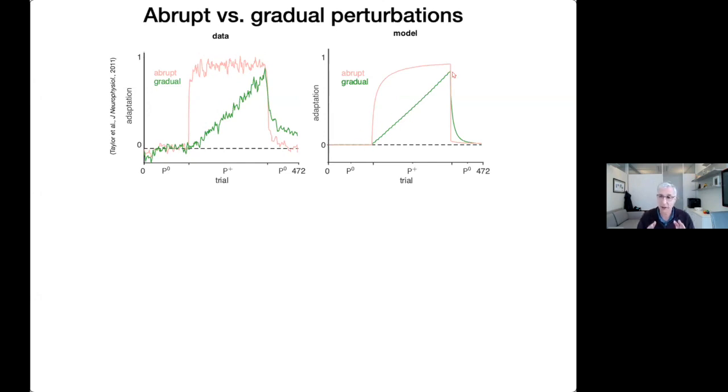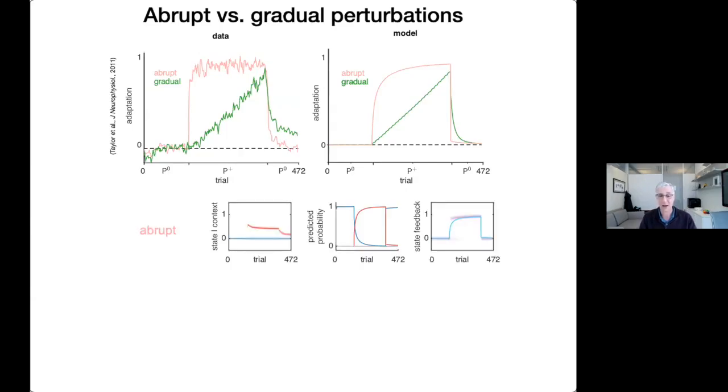And now I'm going to try to explain to you, by explaining what's happening inside the coin model, why this happens. It's sort of counterintuitive and sort of interesting. What I like about the coin model is these explanations which aren't obvious on the surface, well, to me anyway. When you have an abrupt perturbation in the coin model, you generate a new context for the perturbation. So here you start with P0. For the P plus, in this case, you generate a new memory.